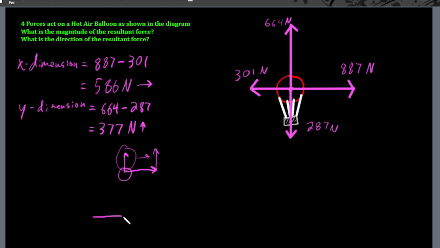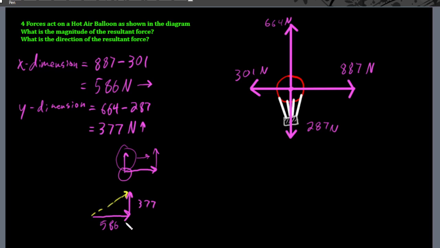We'll have 586 to the right, and then attached correctly we'll have 377 newtons upward. Our overall resultant will be from the start of this vector to the finish of the other vector.